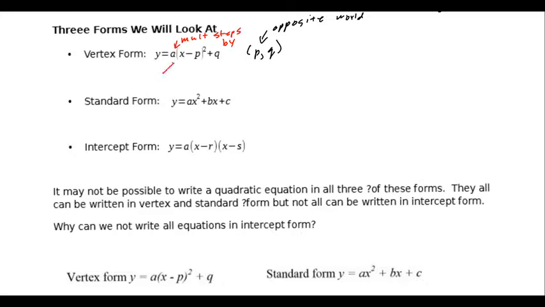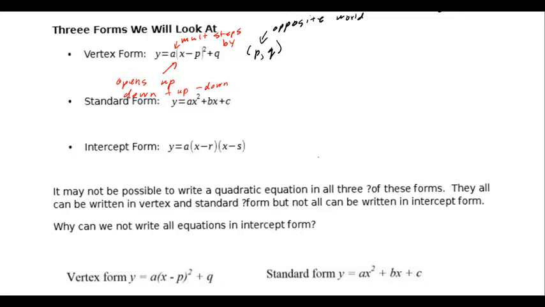It also tells us if it's opening up or down. If it's positive, it opens up. If it's negative, it opens down. And we practiced that a few days ago.